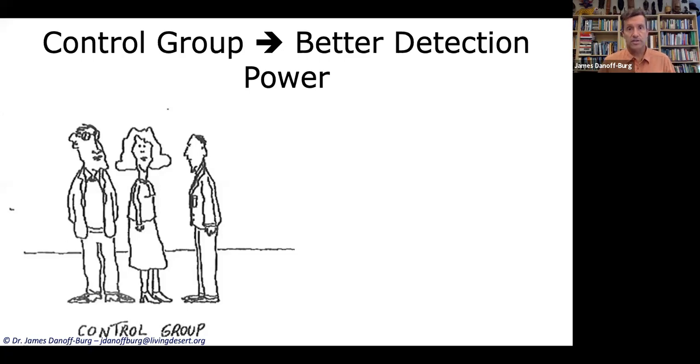But if we had also done the control group like we did, you're more likely to be able to detect a difference that is there if you add that control group, which is the group that you're not doing the treatment with or not doing the intervention with. So sometimes it's good to have a control group because it helps to improve the rigor of your science and the strength of your statistical analyses as well.